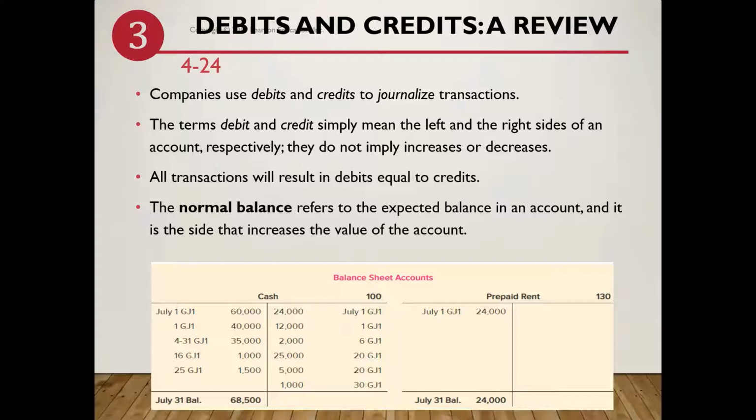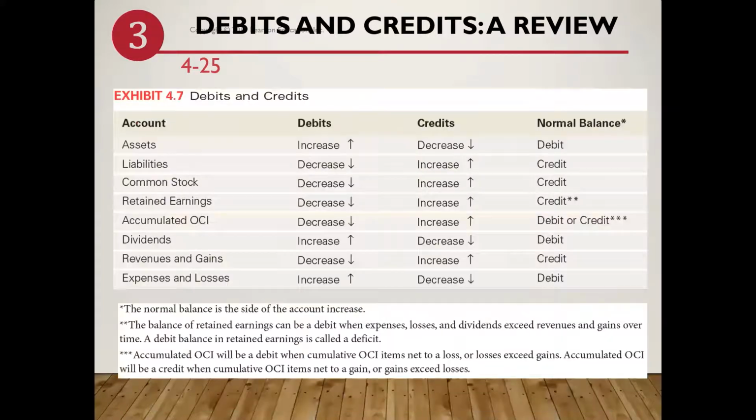So with the normal balance, the balance is the debit or credit side used to increase the account. Here in Exhibit 4.7, it presents the conventions for debits and credits in terms of increasing and decreasing accounts.